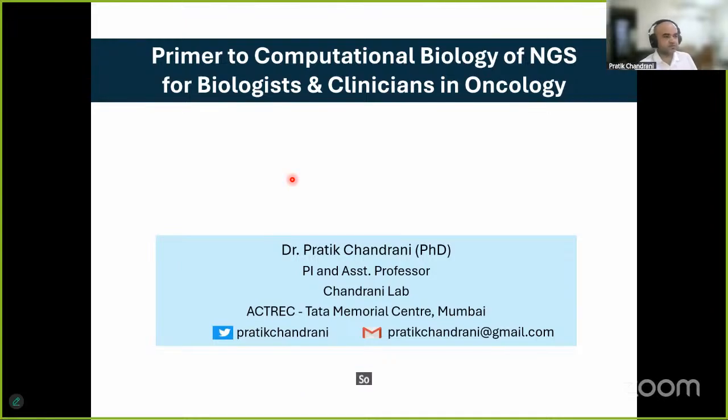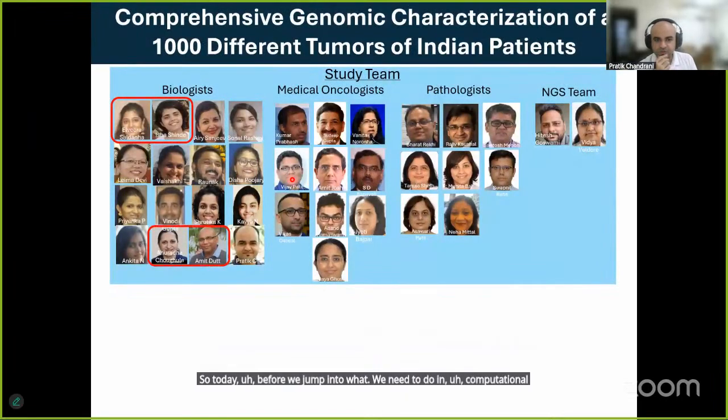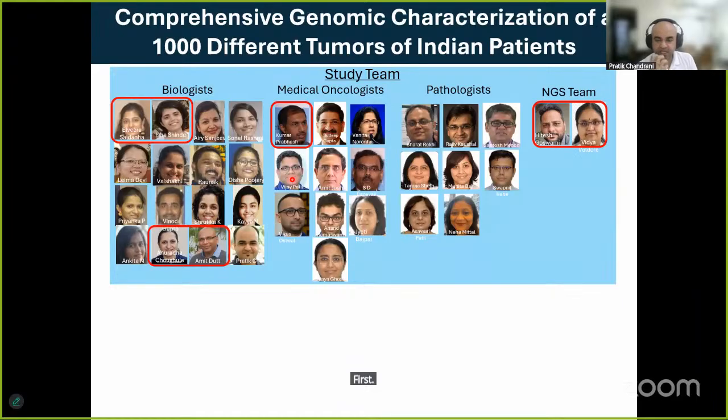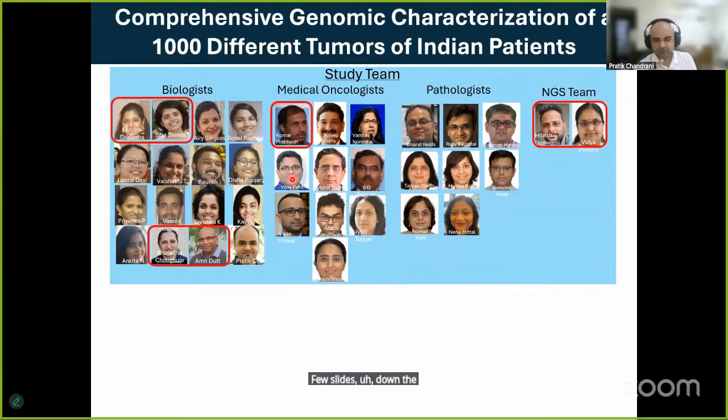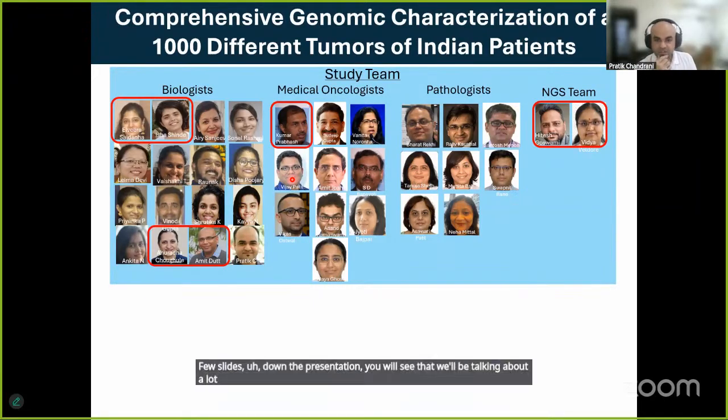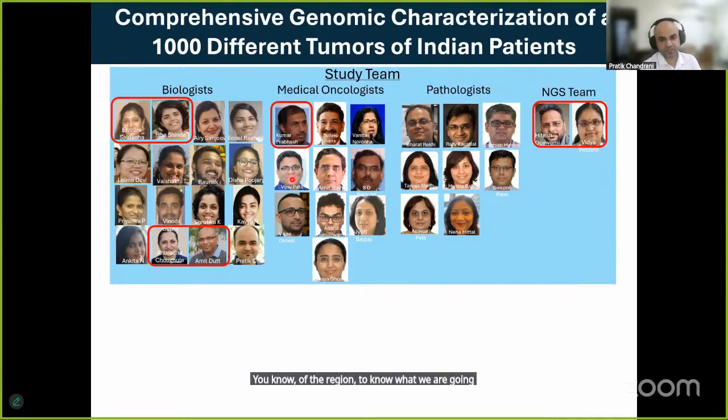So today, before we jump into what we need to do in computational biology of genomics, first let us see what we can actually achieve by doing this hard exercise. A few slides down the presentation, we'll be talking about many complicated concepts, and first of all, we need enough reason to know what we are going to achieve by doing this hard exercise.